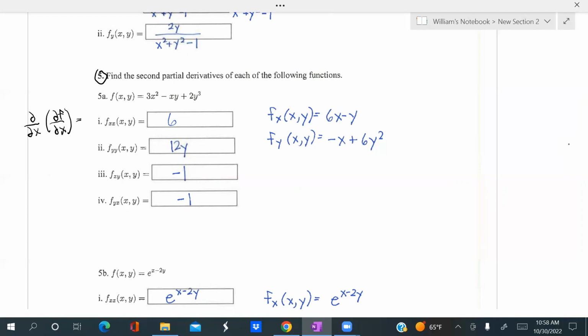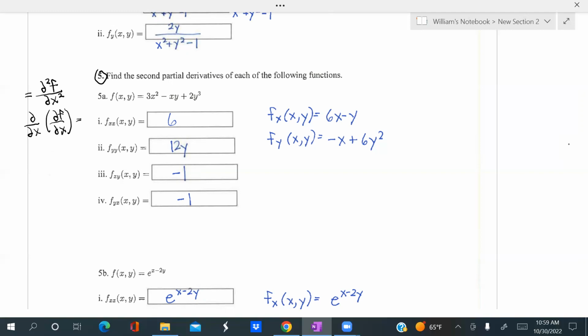The way this classical notation is simplified, we write this as partial squared over partial x squared. So that's the classical notation for the second partial with respect to x.